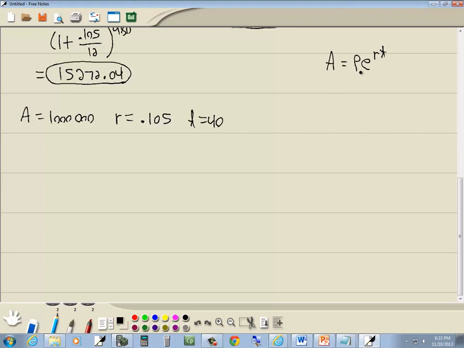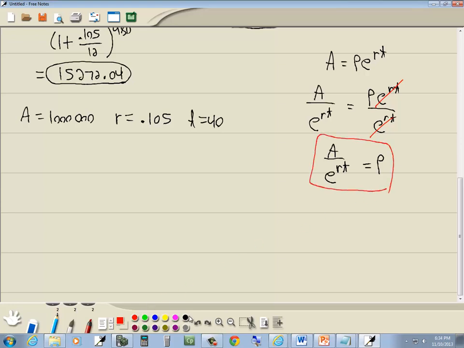We want to get P by itself, so we divide both sides by e to the RT. These e to the RT's cancel. And we got P is equal to A over e to the RT. Now that's the formula we're going to use.